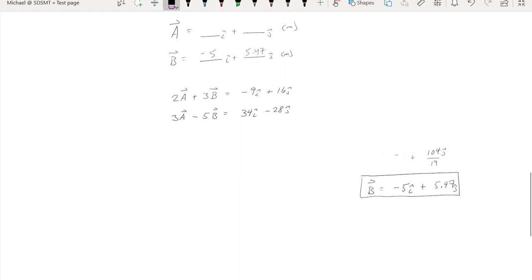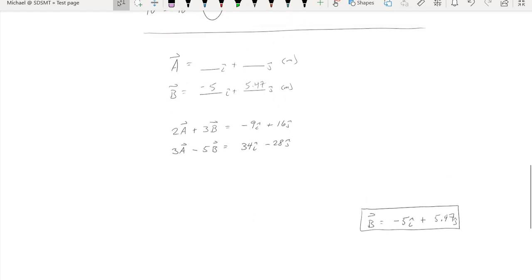That's assuming that your components for vector b are correct. If they're not correct, then you're running the risk of getting the wrong answer for a by using the wrong answer for b. So instead, you'll notice we were able to get an answer for b independent of a. So let's try getting an answer for a independent of b.